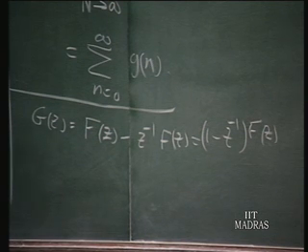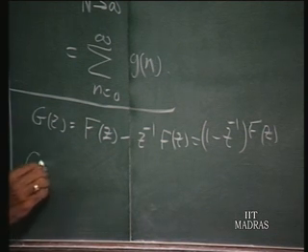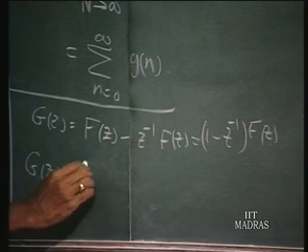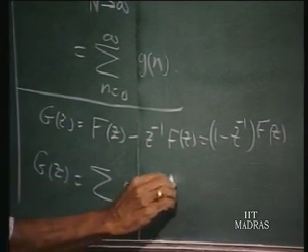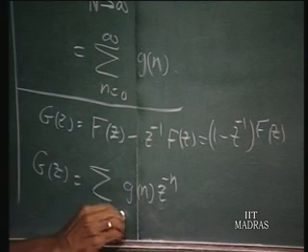But what is the definition of G(z)? G(z) is the sum of g[n] z^-n, n from 0 to infinity.